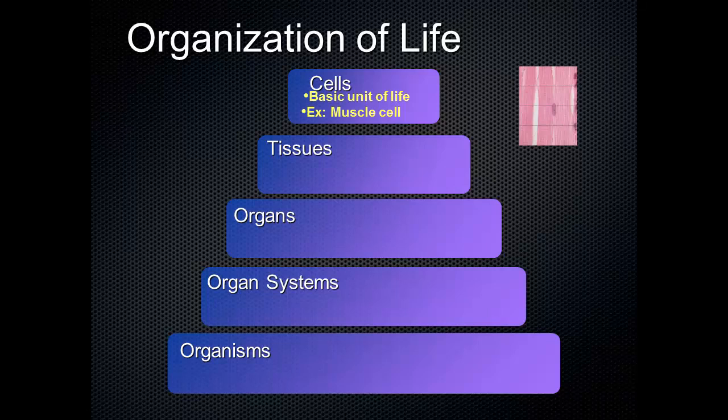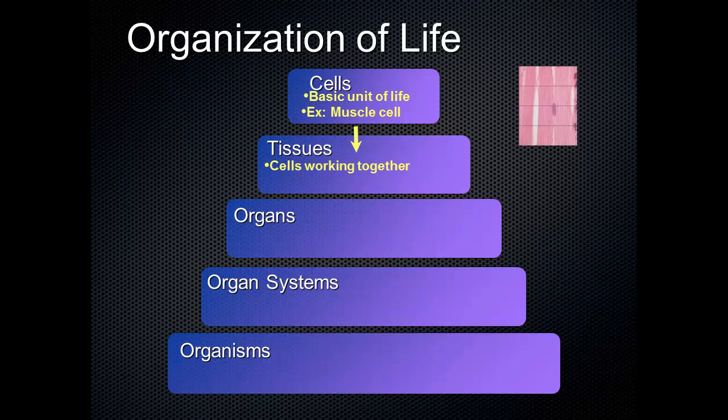But in complex living things, these individual cells work together in groups to do certain jobs. A whole bunch of muscle cells form what we call muscle tissue. Okay? So a group of these cells working together for a certain job is muscle tissue.